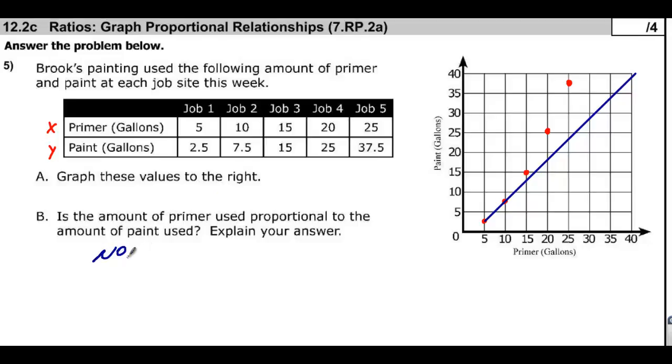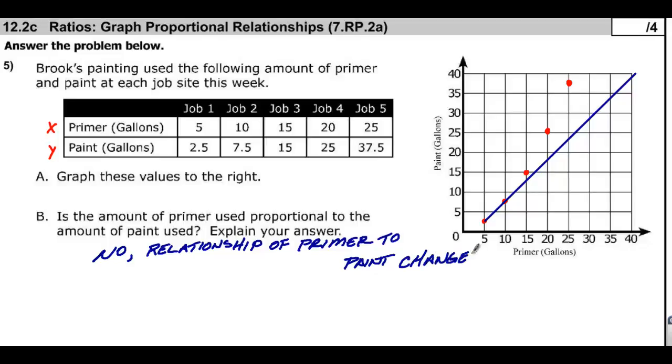The answer is no. The relationship of primer to paint changes. The way that you can tell is that when you look at it, it does not form a straight line.